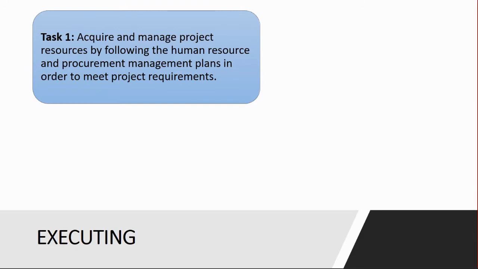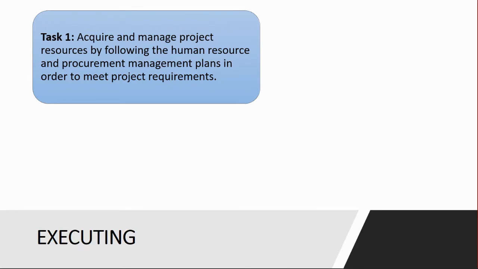But let's break it down again. It reads acquire and manage project resources. That is human, equipment, material, supplies, and facilities. Acquire them by following the resource management plan, whatever plan you're working with, and manage those resources, again, by following the resource plans for those specific resources.